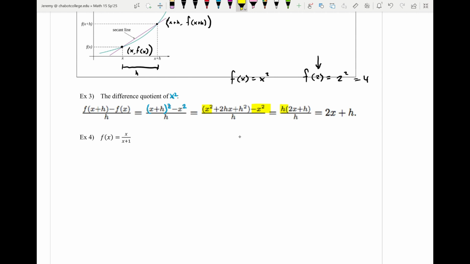And then we factored out an h, right? Because between these two terms that were left over, we had a common factor of h, so that got pulled out. Those two cancel, or they make a big 1, and we're just left with 2x plus h. So that is our simplified difference quotient for the function x squared.